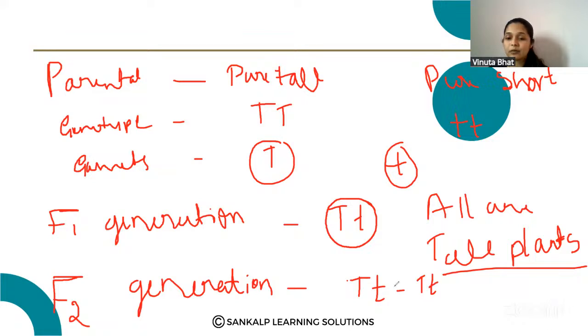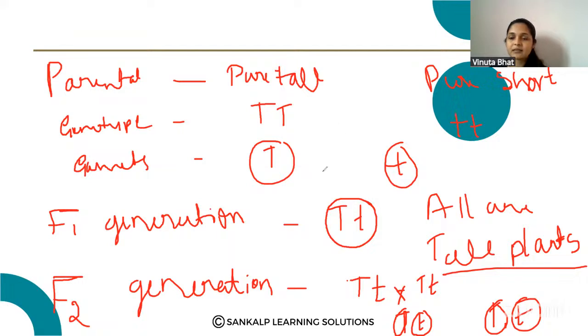When these plants are self-pollinated, F2 generation plants are obtained. See here, what are the gametes formed? Capital T, small t. These are the gametes formed by these plants. So we have to use the checkerboard to solve this question. Already they mentioned, please use the checkerboard.